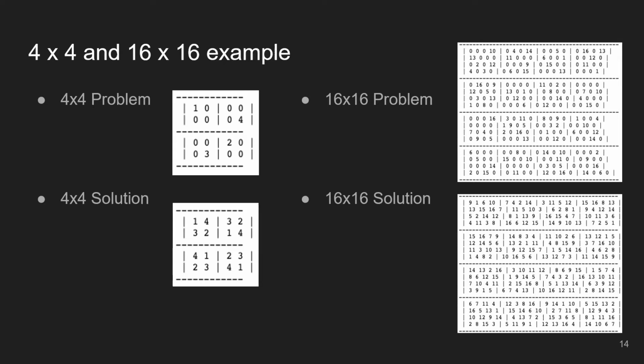The first one is the input, and we are able to print it out so that it's human readable. And then we have the 4x4 solution, printed out so that it is human readable. What we were able to determine was that whether it's a 4x4, a 9x9, or a 16x16, we're able to successfully solve any Sudoku board that is provided that is also valid in our set of constraints.